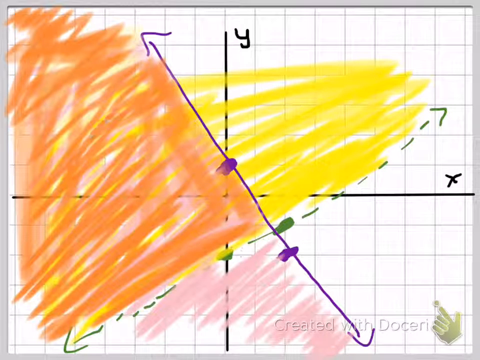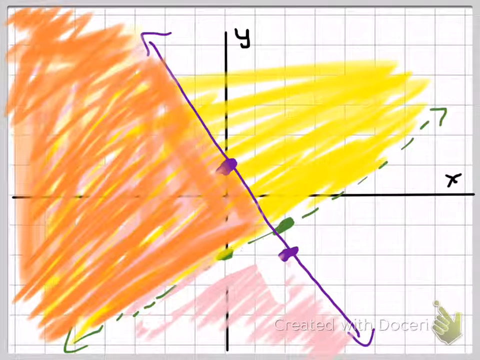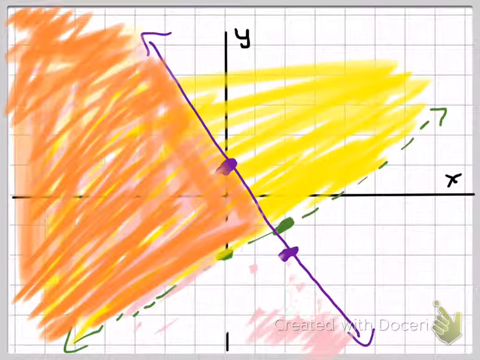It has to exist in that region. Now, you could pick a point on the line, but for the sake of it, I would use a point in the shaded region. What I'm doing now is getting rid of some of my shaded areas.